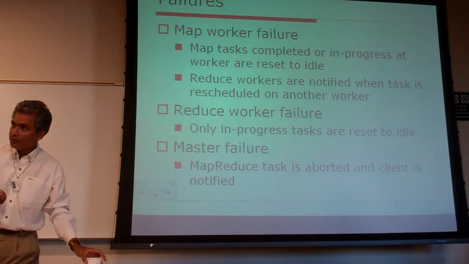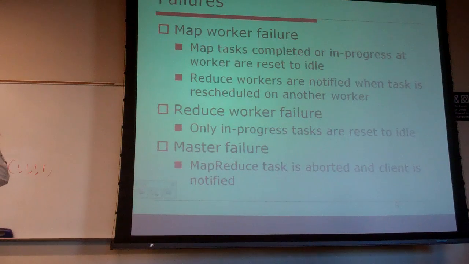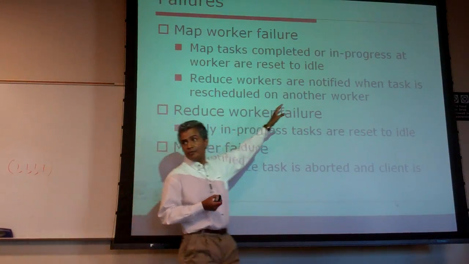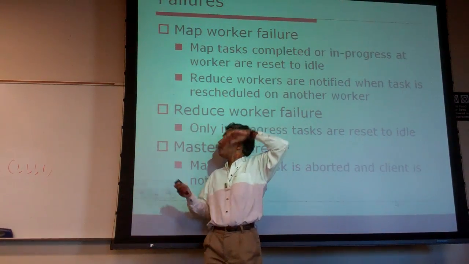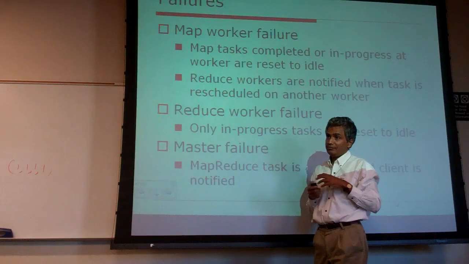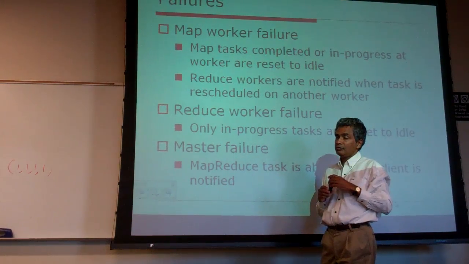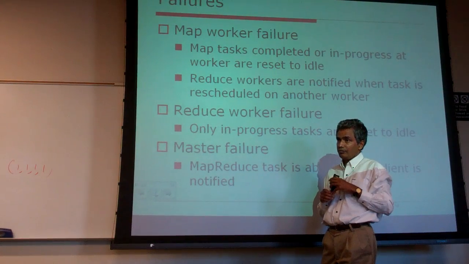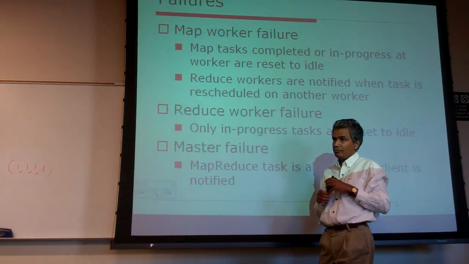Yeah, the point is that reduce workers are notified when the task is scheduled on another worker. It's been a confusion. So one map worker died, and another map worker takes over. Basically, a reduce worker will get a task to run only when the master says you have an input ready. So when the input is ready, the reducer will just go ahead and process it.